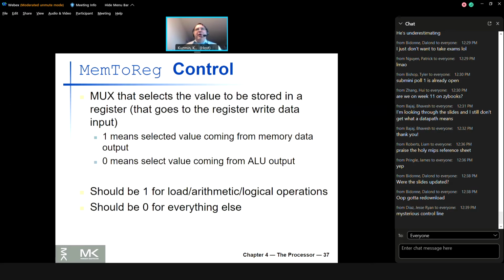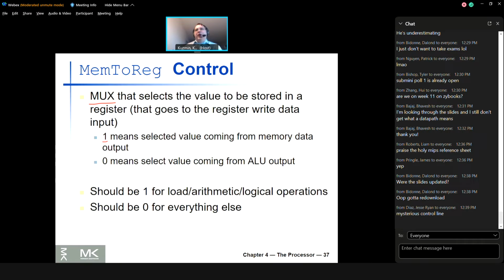MemToReg, memory to register. This control signal is used as a selector for the multiplexer that decides which value is going to be stored in the register file. So there are 2 options. If MemToReg is 1, it means that the selected value is coming from memory data output.